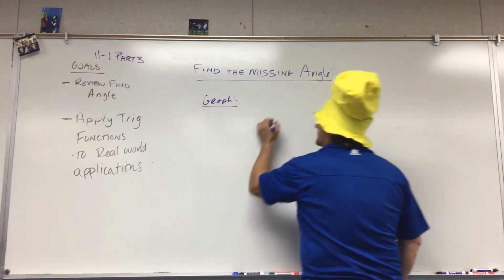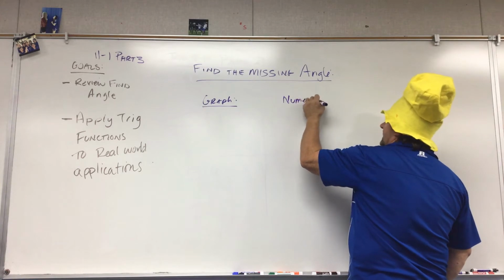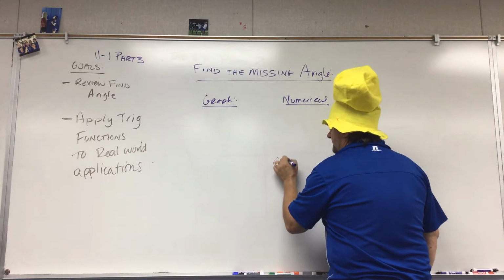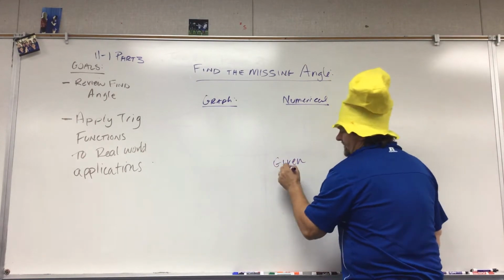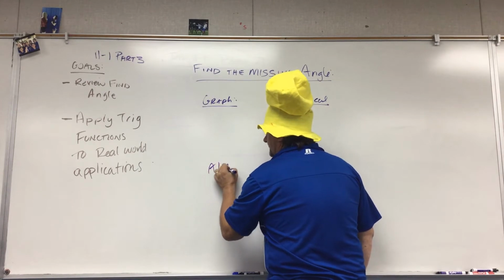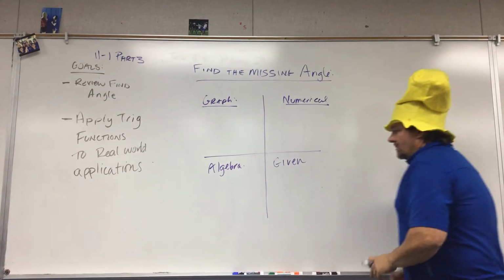So we need our picture. We have our numerical, which I haven't been using a lot yet, then we have our given, and we have our algebra. We'll break it up into those.